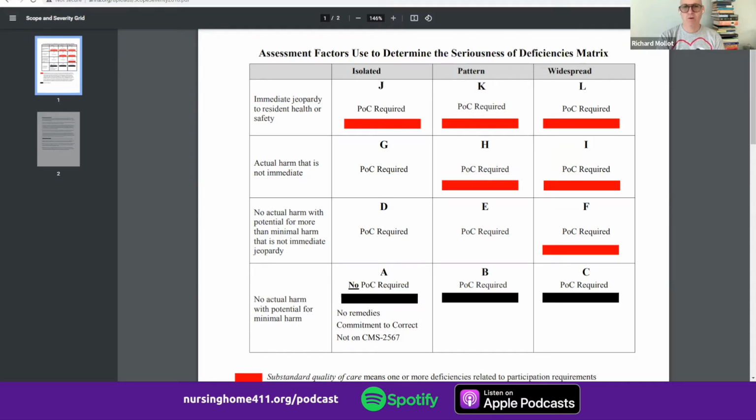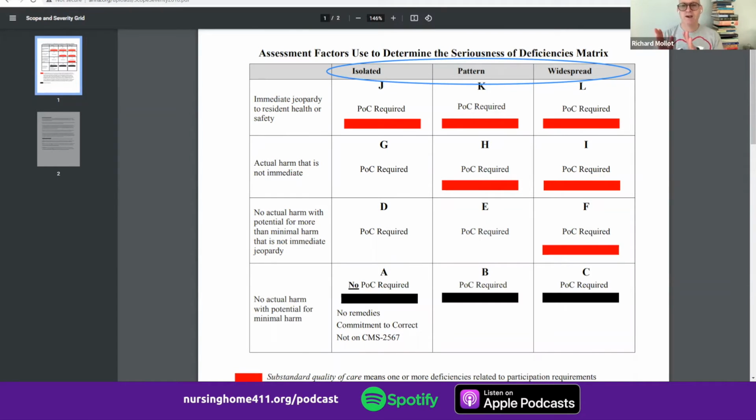And scope means whether very few people were affected, whether it's something that several people or a number of people were affected by the violation, or whether the violation is widespread in the facility. And Eric is circling in blue the top there. So that's the first thing that the surveyor does after they have substantiated, okay, there's a violation here.